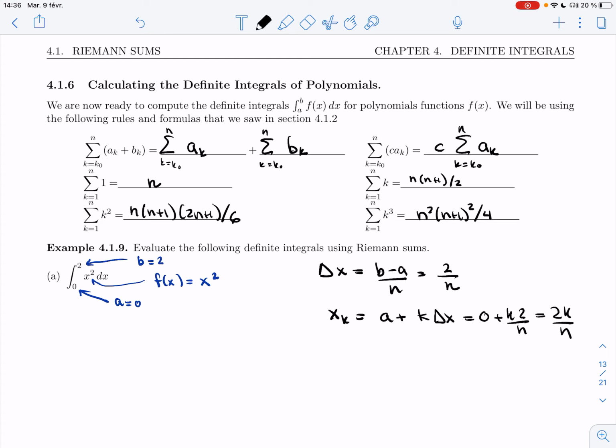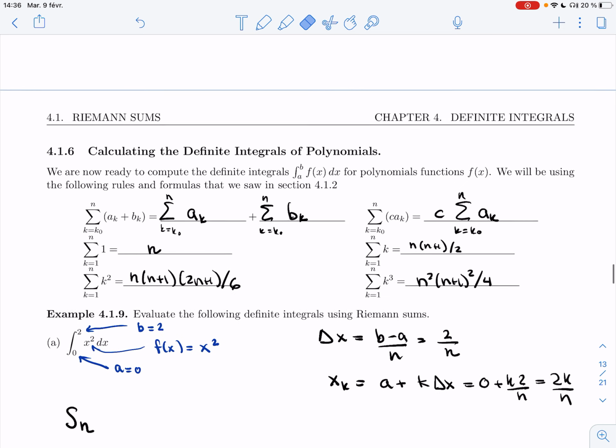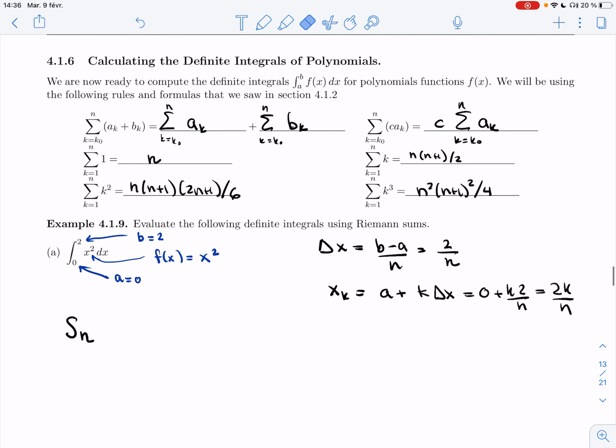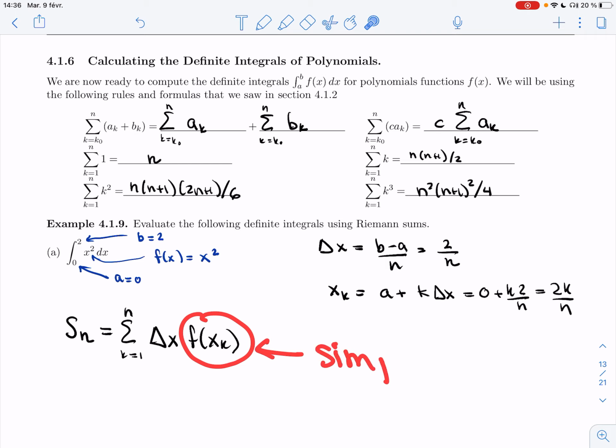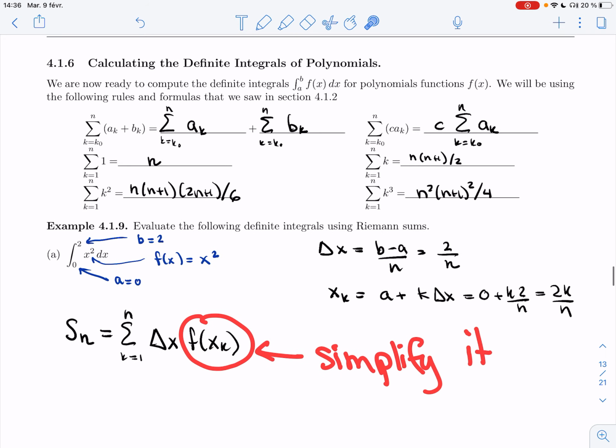If you remember what our formula was for Sn, great. If you don't, I'll remind you right here. Summation from k equals 1 to n of delta x times f of xk. What I'll do first is look at this piece and simplify it as much as possible before I introduce the sum and the delta x.